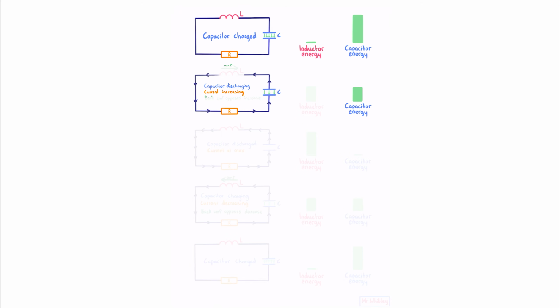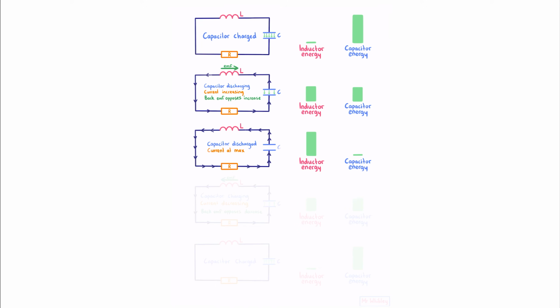An increasing current is going to create a back EMF in the inductor, which is going to oppose this increase. At this point, because we have a current flowing, we have energy in the inductor. Once the capacitor is fully discharged, we have no energy stored in our capacitor, and because our current is at a maximum, the energy stored in our inductor is at a maximum.